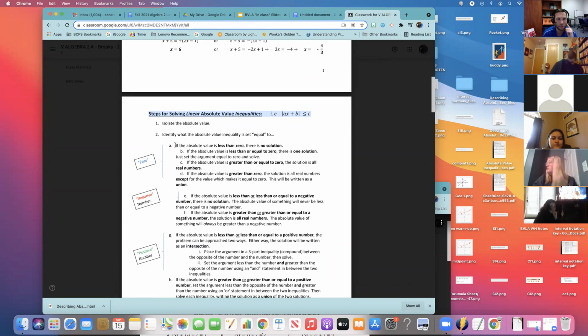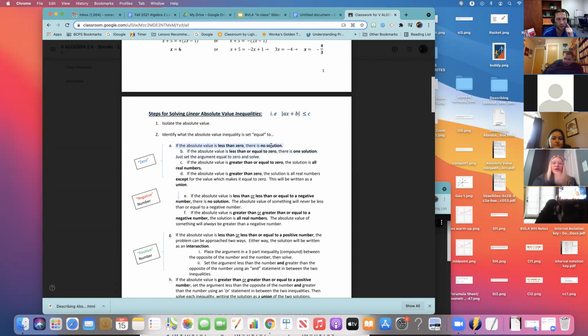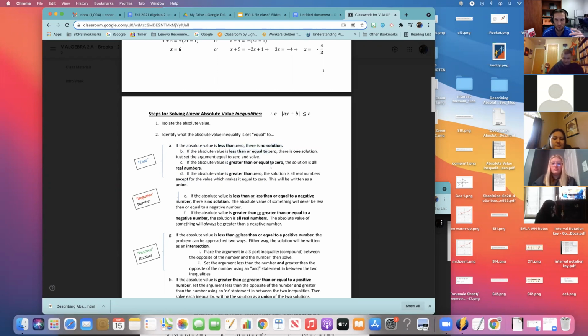If it's equal to 0, then you're going to have a set of something. If it's less than 0, it's no solution. Like an absolute value cannot be less than 0. Absolutely not. If it's less than or equal to 0, then there's one solution for it. One solution, we'll get there. And then if it's greater than or equal to 0, then it's all real numbers.